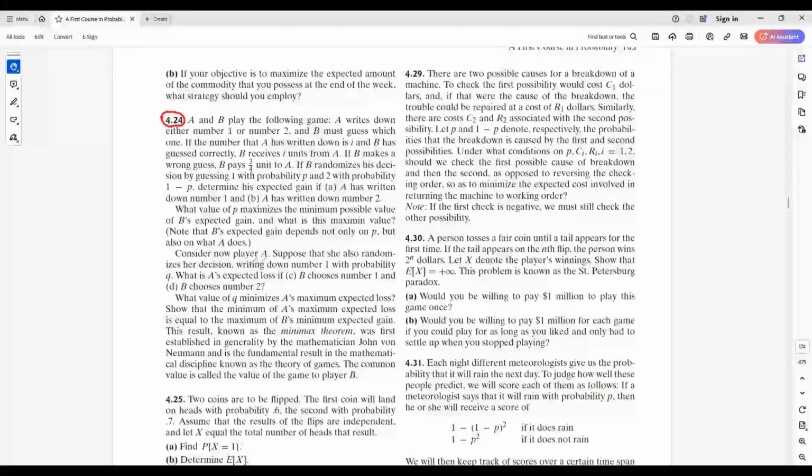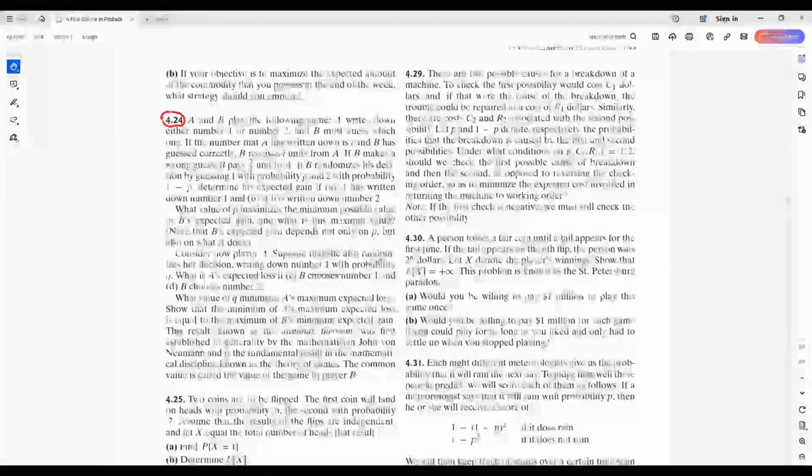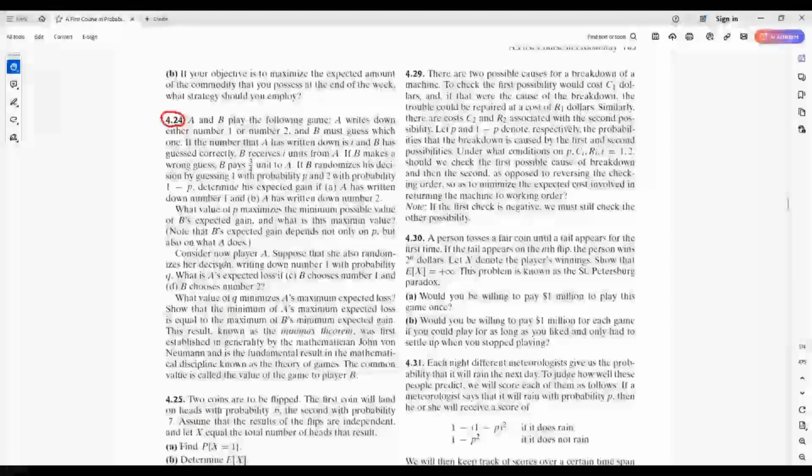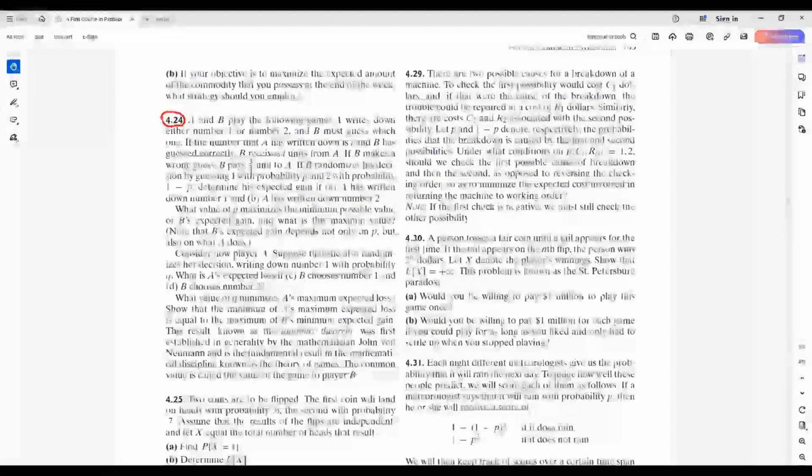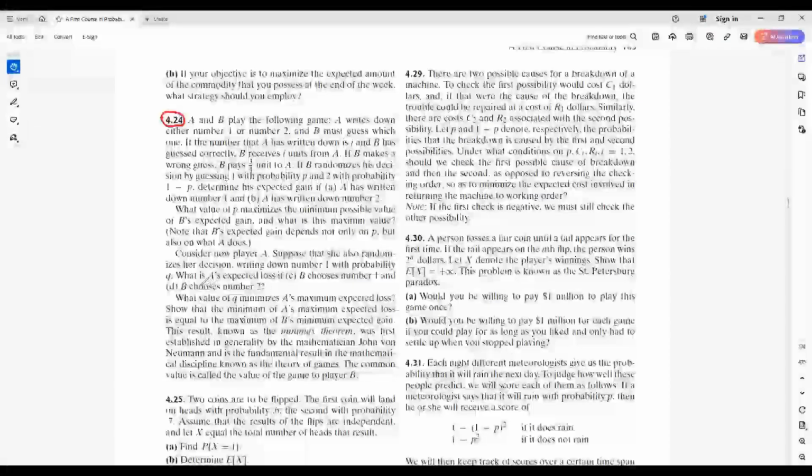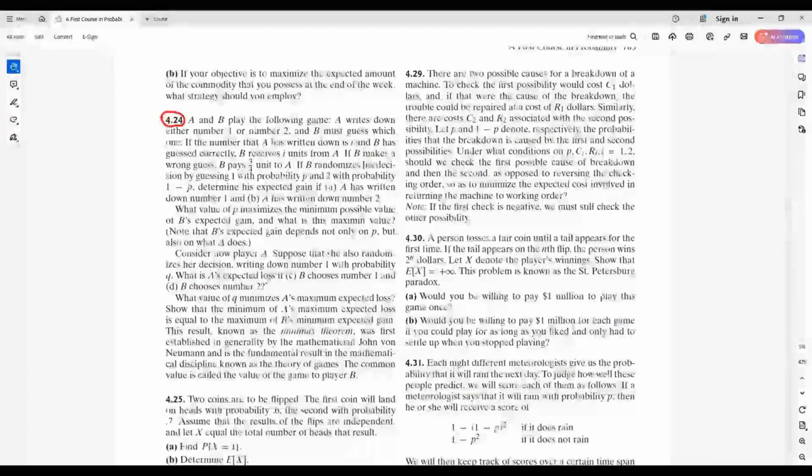Consider now player A. Suppose that she also randomizes her decision, writing down number 1 with probability Q. What is A's expected loss?